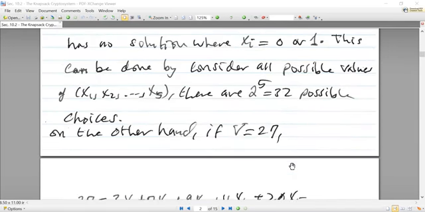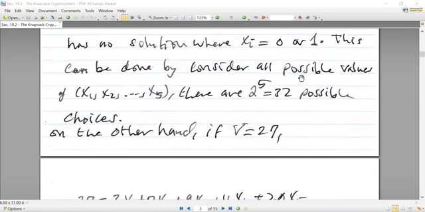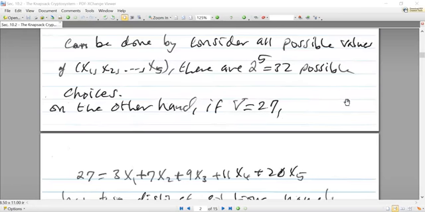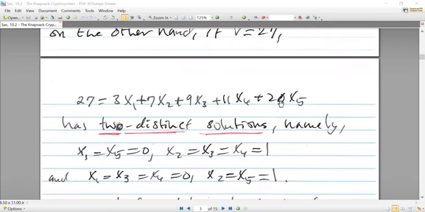So it's not bad. In other words, it can be tried. If you try all these possibilities and list all of them, you're going to find none gives you the sum of 22. On the other hand, if you take V to be 27, you're going to find there are two distinct solutions. One solution where x1 and x5 are equal to 0, and x2, x3, x4 are equal to 1.